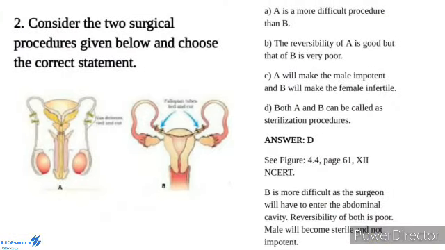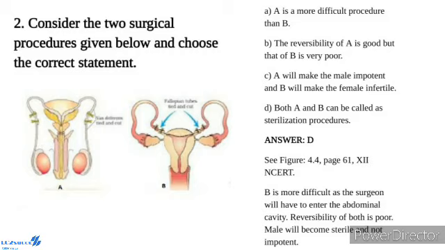Question number 2. Consider the two surgical procedures given below and choose the correct statement. Shown in the diagram, A is vasectomy, B is tubectomy. Surgical methods, also called sterilization, are generally advised for the male and female partner as a terminal method to prevent any more pregnancy.